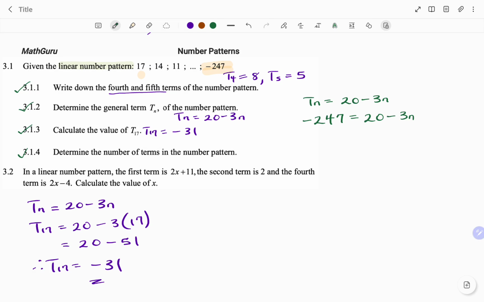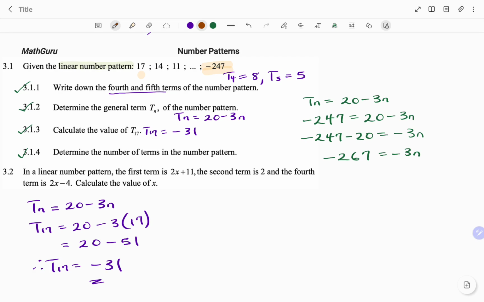To solve for n, I'm going to start by moving my 20 to the left-hand side. I have negative 247 minus 20 equals negative 3n. Don't forget to include your signs. Then I have negative 267 equals negative 3n.